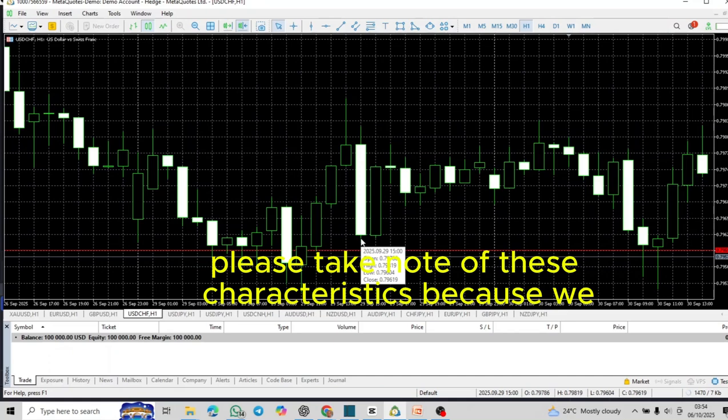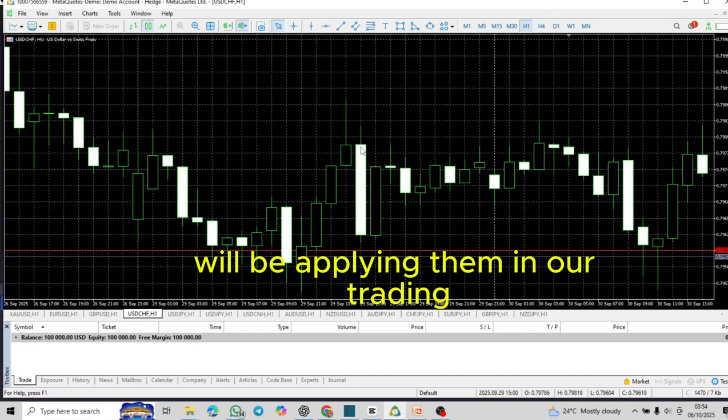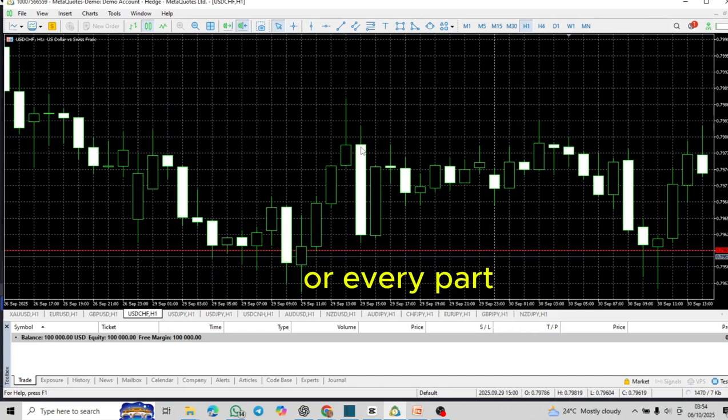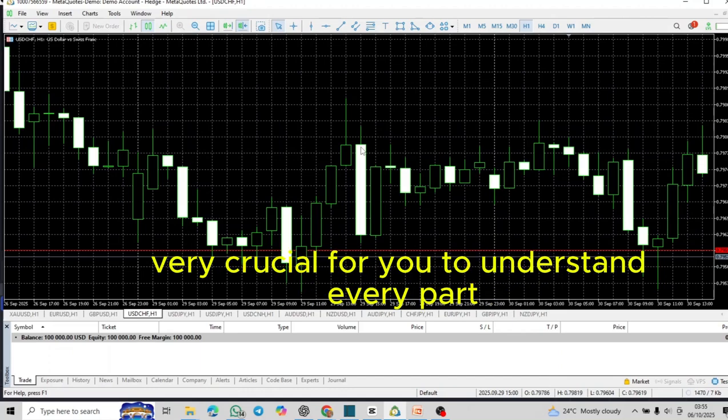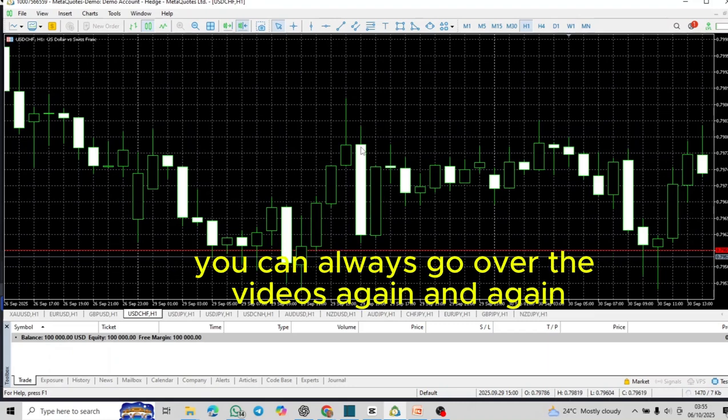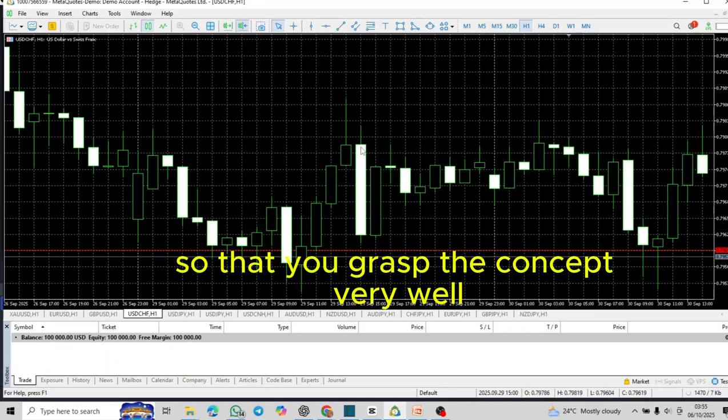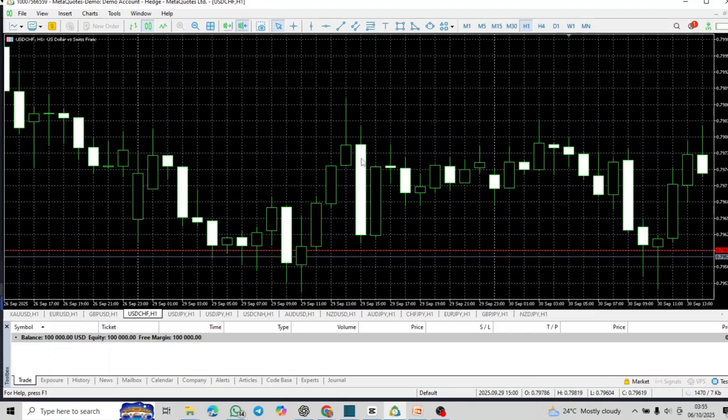Please take note of these characteristics, because every part of the candlestick will be applied when we are trading. So it is very, very crucial for you to understand every part. You can always go over the videos again and again so that you grasp the concept very well.